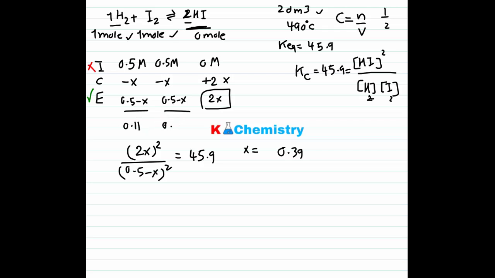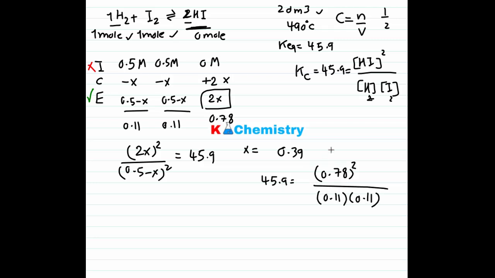And here also 0.11 has remained from the 0.5. And this is 2 multiplied by 0.39, so 0.78 has been produced. Now you are saying that this 45.9 is equal to 0.78 squared divided by 0.11 multiplied by 0.11.